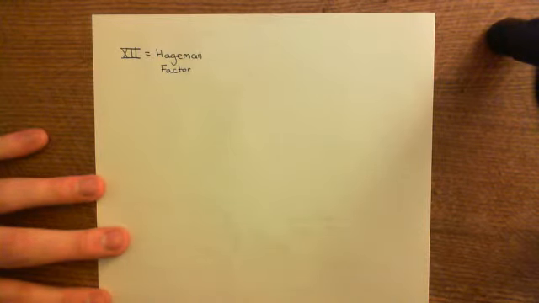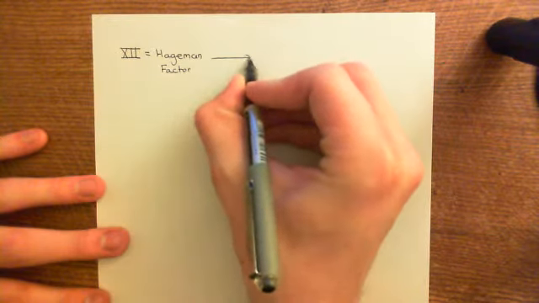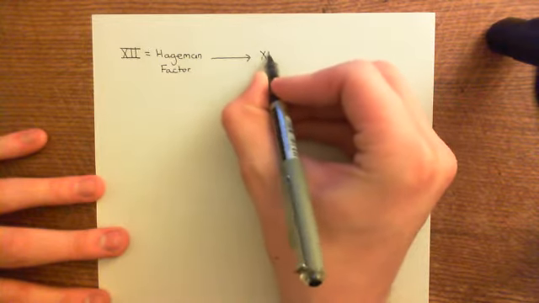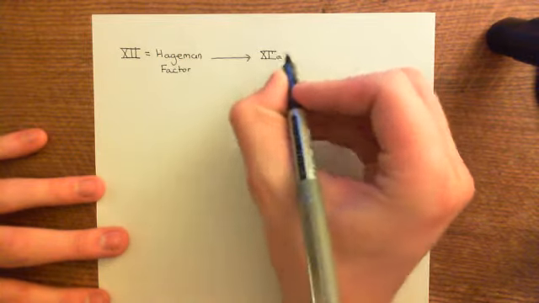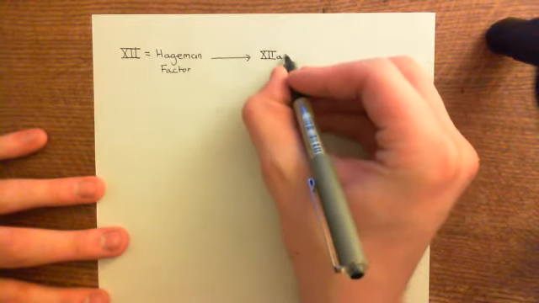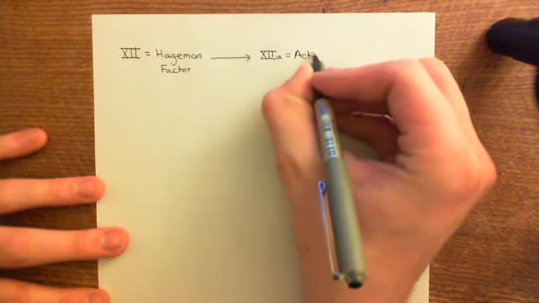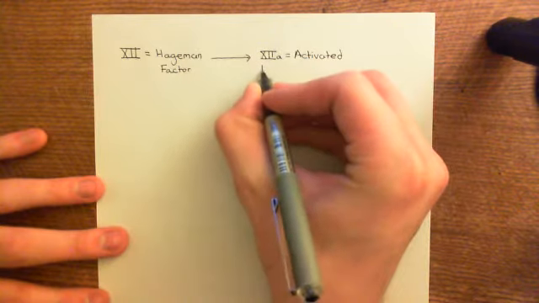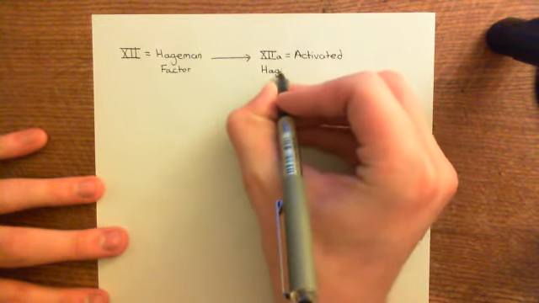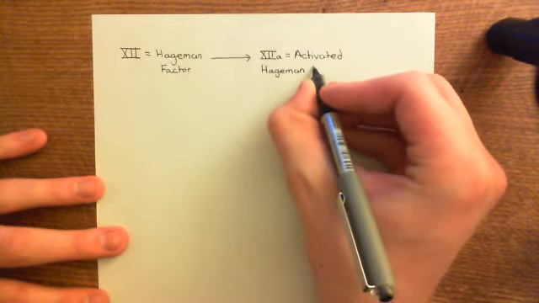However, when there is a hole in the side of the blood vessel, it will be exposed to collagen, and collagen will activate this protein to factor 12a. Okay, so you put a little a down here to denote that this is the activated form of factor 12. And this would also be referred to simply as activated Hageman factor. So collagen is involved in this process of activating factor 12 to factor 12a.